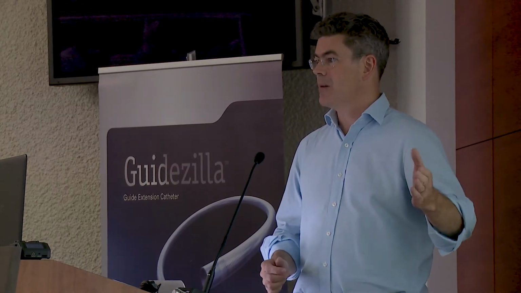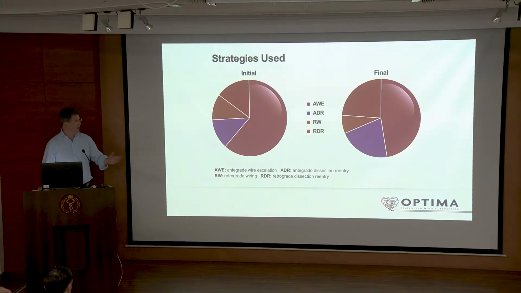It's essentially the same process: going into the subintimal space and then coming back in. And so this is really a split between how this is our initial strategy, so most cases start off as antegrade wire escalation cases.